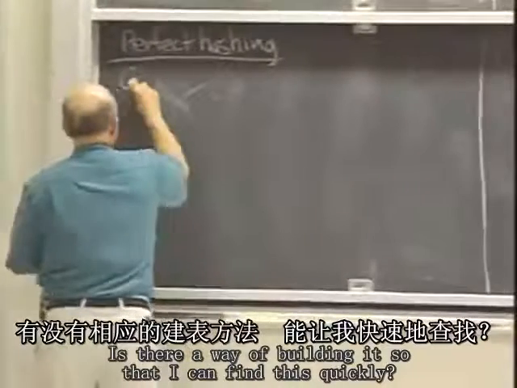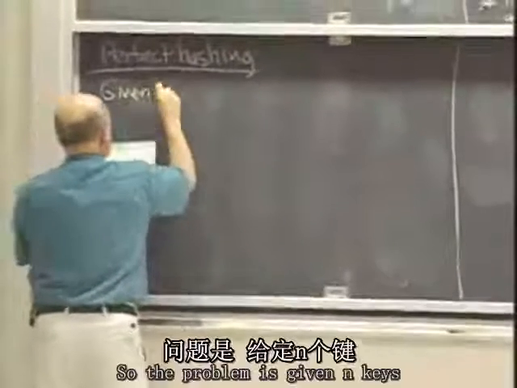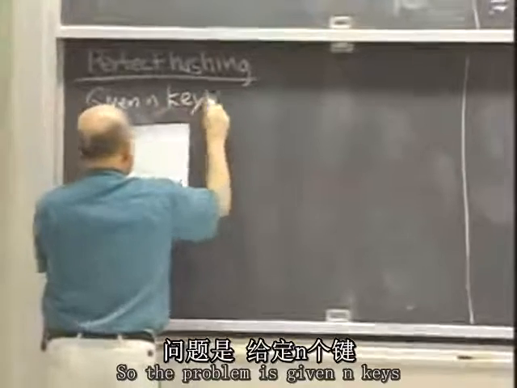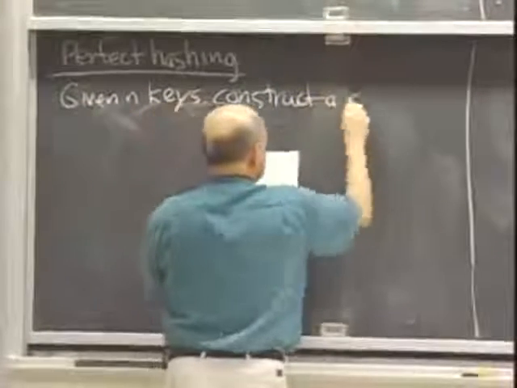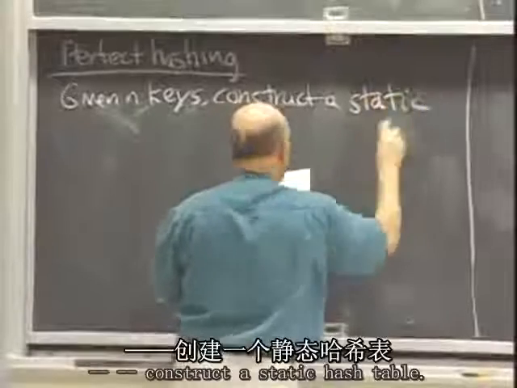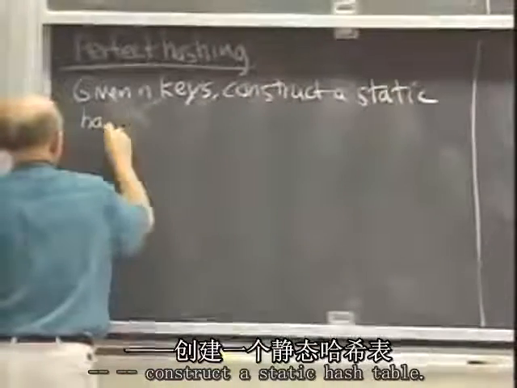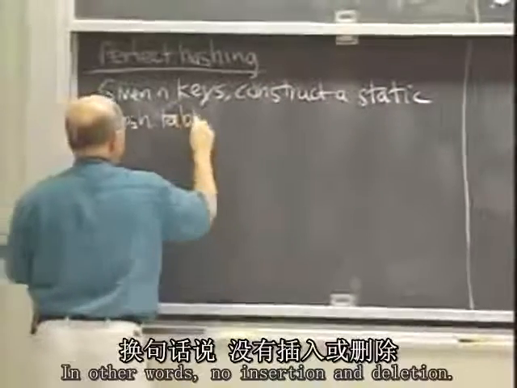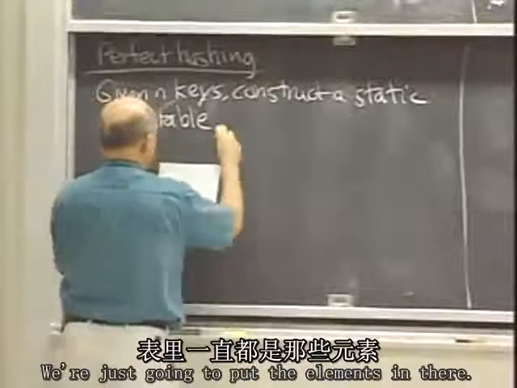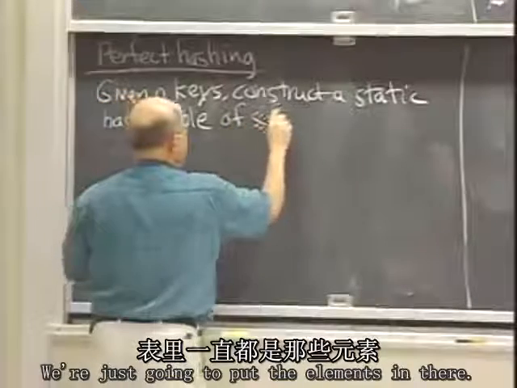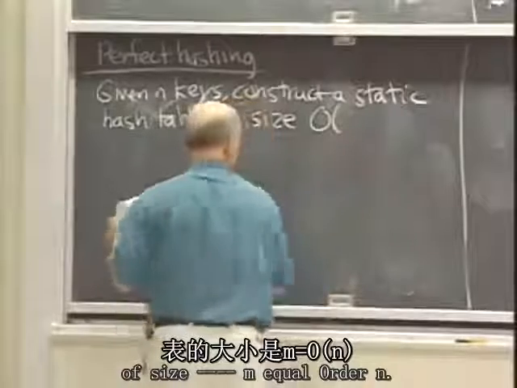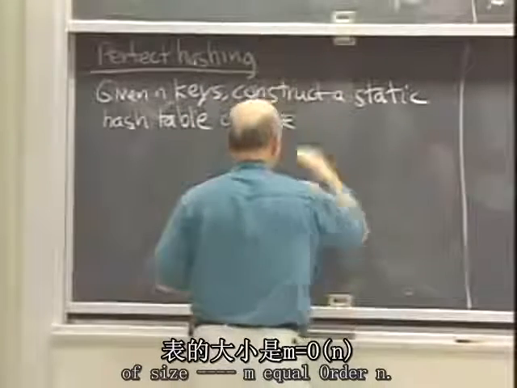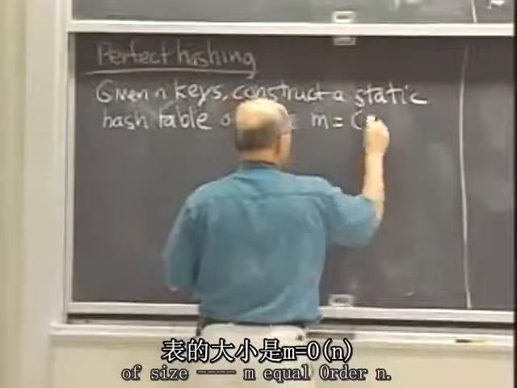So the problem is, given n keys, construct a static hash table, in other words, no insertion and deletion. We're just going to put the elements in there, of size m equals order n.